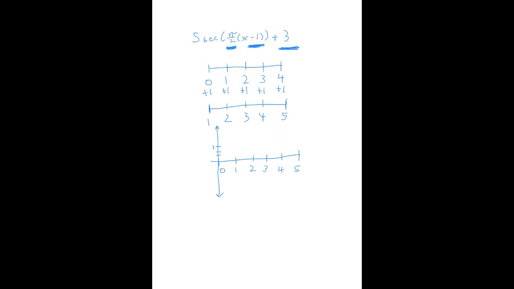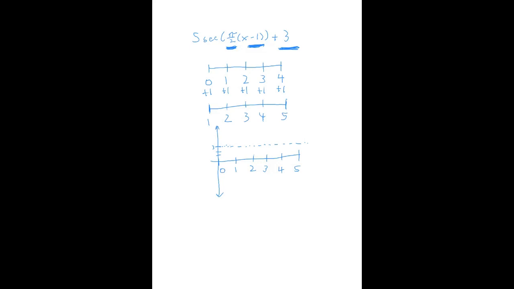It's not letting me change color. Okay, so we know that this line is going to go through 3. That is our midline. Or, sorry, 3 is going to be in the middle of our function, should be the better way of saying it.